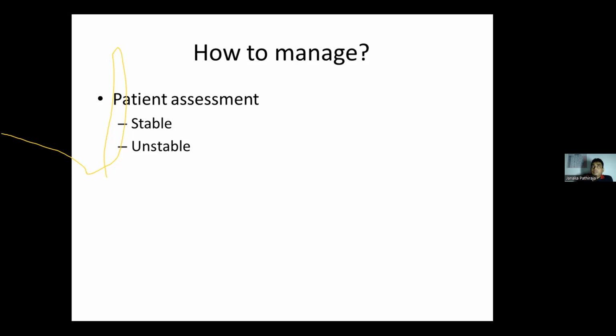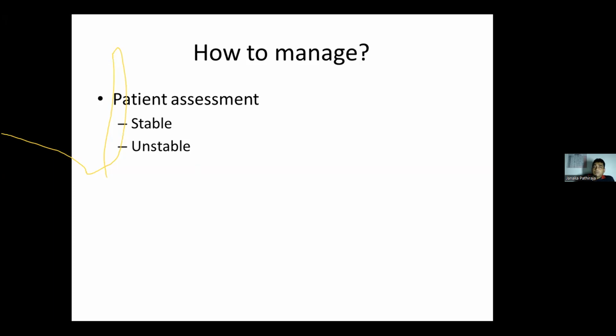That means he is not stable, right? So those are the main features: low BP, low saturation, tachypnea, impaired conscious level, and sometimes impaired peripheral circulation.